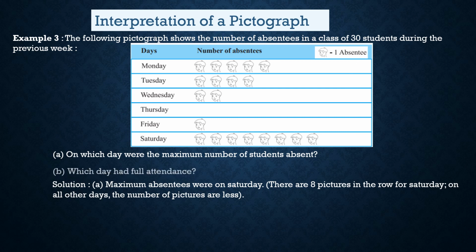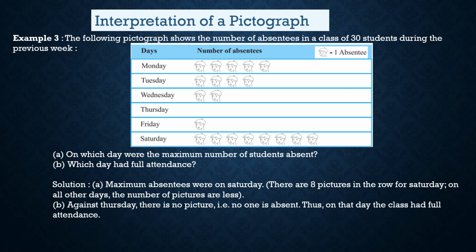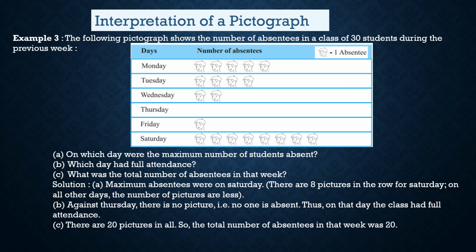Which day had full attendance? Against Thursday, there is no picture or no face, that is, no one is absent. Thus, on that day, the class had full attendance. What was the total number of absentees in that week? There are 20 pictures in all, so the total number of absentees in that week was 20.